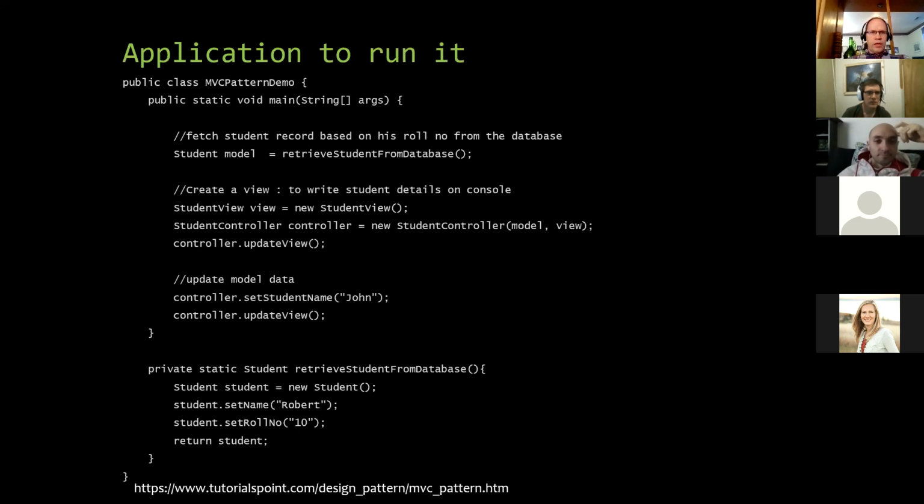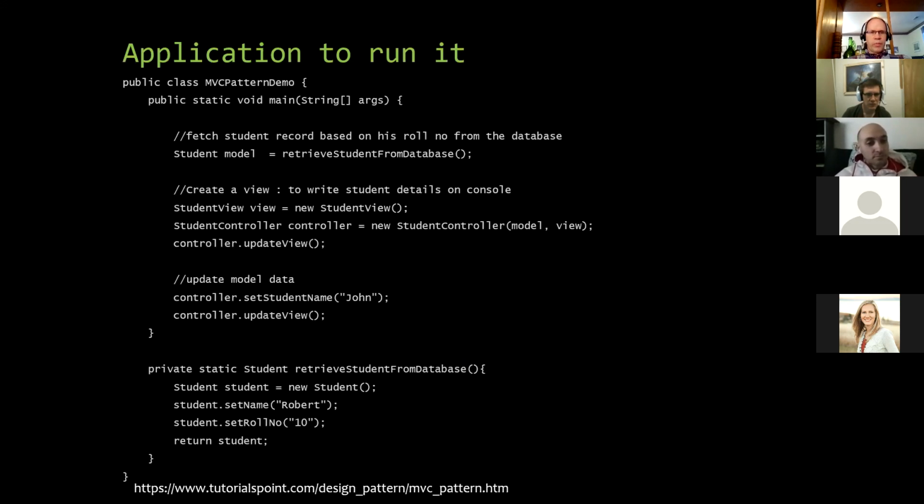So then what we need is basically just some brief application code to run those other classes that we've just looked at. And so this class, MVC Pattern Demo, basically has the main, and in there it starts by creating an instance of the model, creating an instance of the view, and then an instance of the controller.